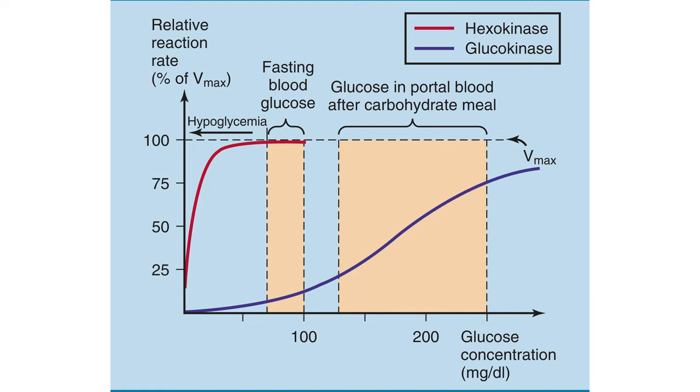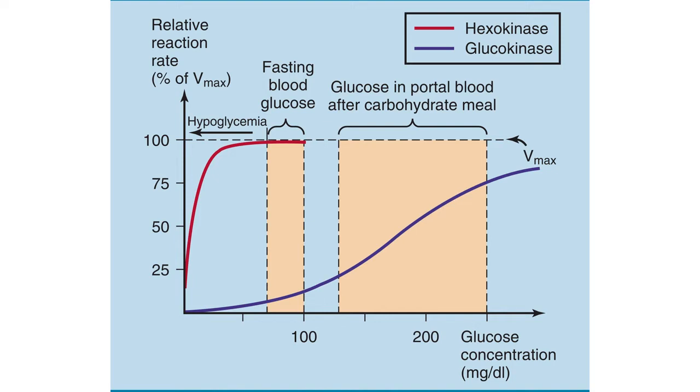So, let's first look at this graph. Hexokinase is labeled in red. The x-axis of this graph is glucose concentration, and the y-axis is the maximal effect of the enzyme. So let's take a look first at the red line.